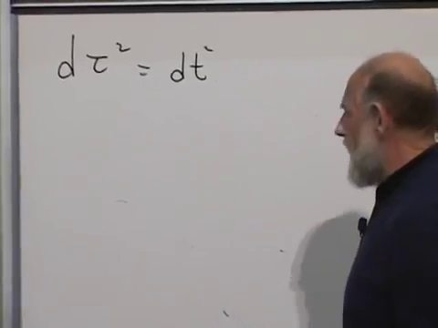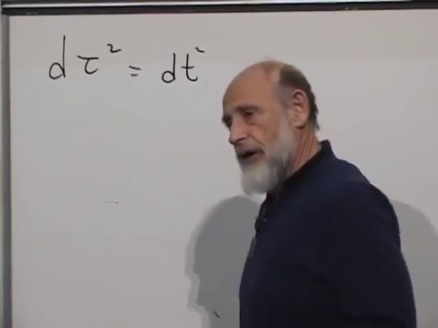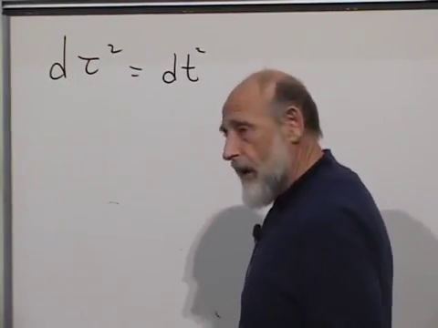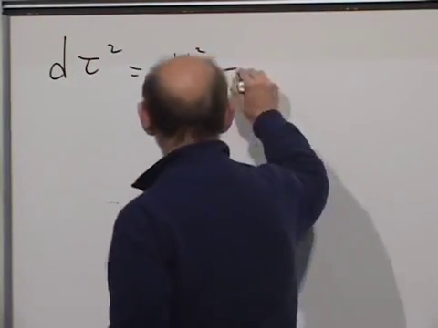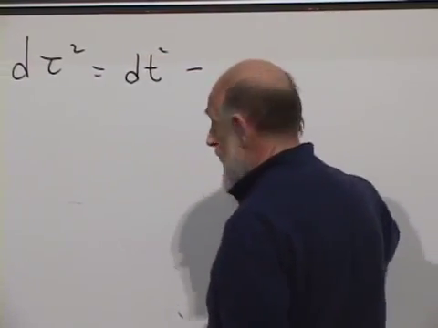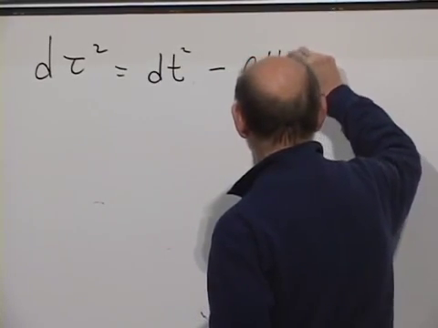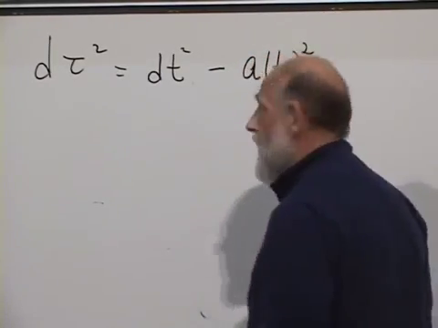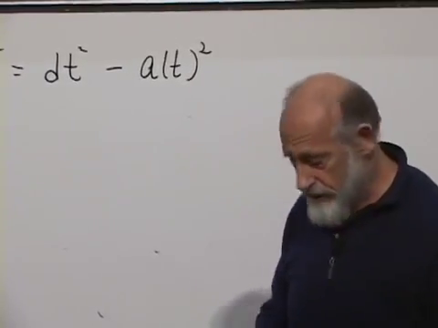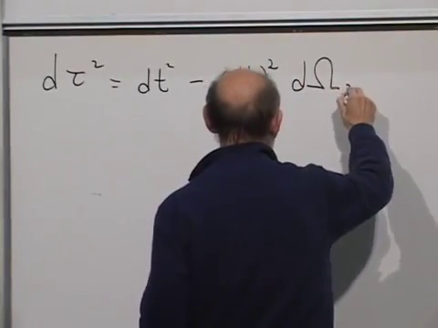It starts out with dt squared, and then that's the metric associated with the clock. This is the thing which reads off clock time, and then minus the space metric, which is a of t squared, the time-dependent radius of the spherical universe, times d omega 3 squared.